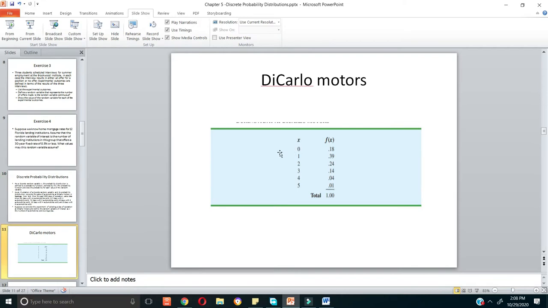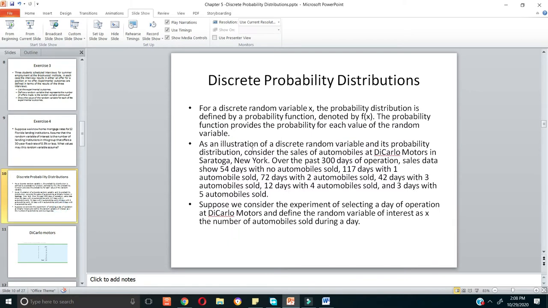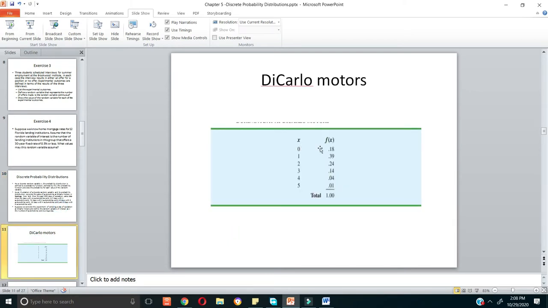For 54 days, that represents 0.18. This is the proportion, the probability for this event. So this event of no cars being sold happened 0.18 of the time. These are the probabilities that we know from our historical data.